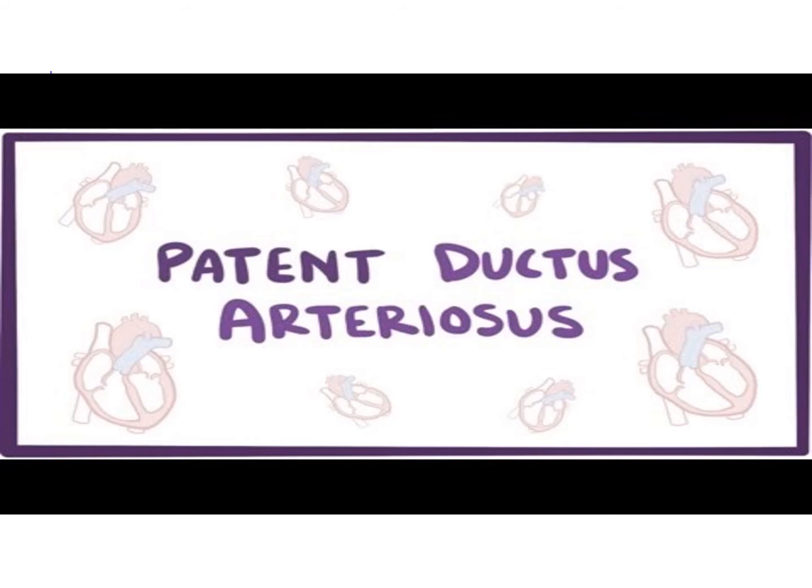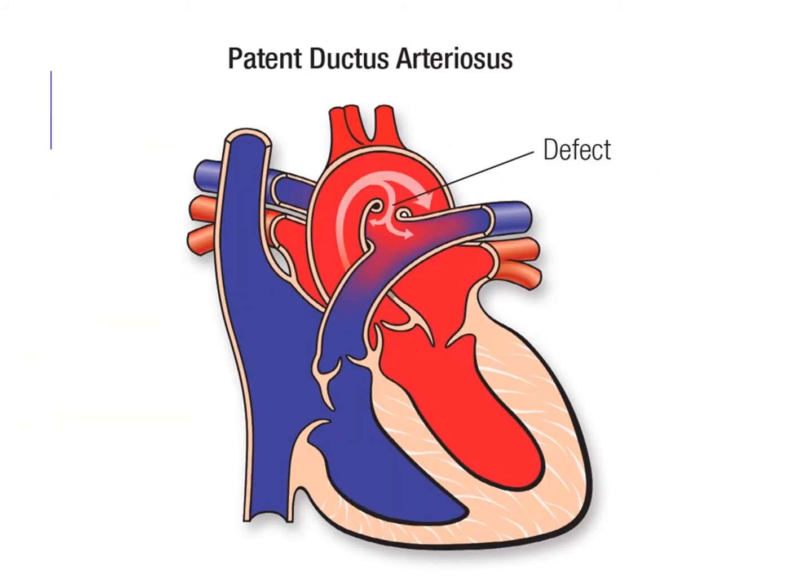So that is where our problem is. As you can tell in this picture, you can see that defect. So what's happening is the aorta has to increase the pressure. Because the aorta has increased pressure, blood flows back into the lungs. The heart has to work harder to get blood to the body, and the lungs become congested.